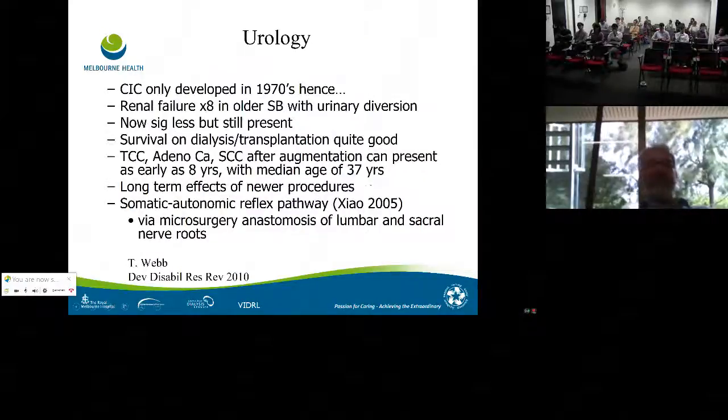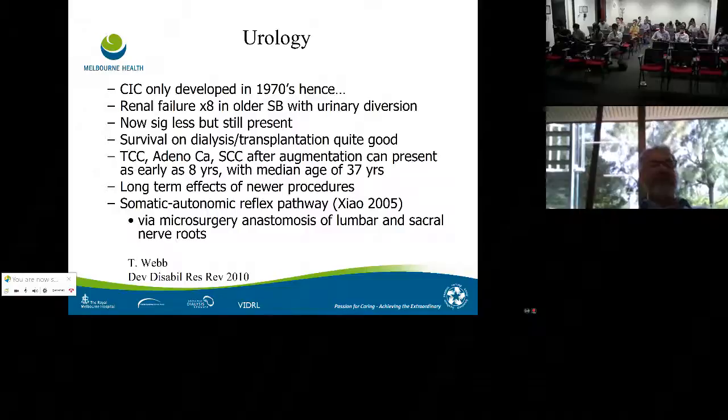Intermittent catheterization only developed in the 70s, and therefore the old complications of renal failure are very much greater in those of older age group, and so you need to be questioning about that, and whether they have urinary diversions.